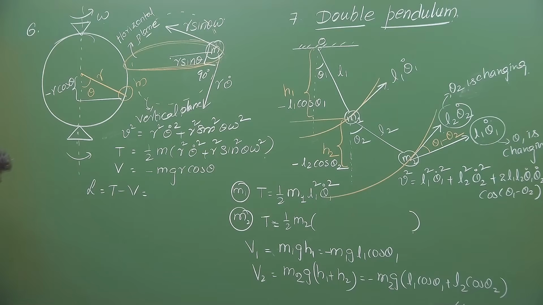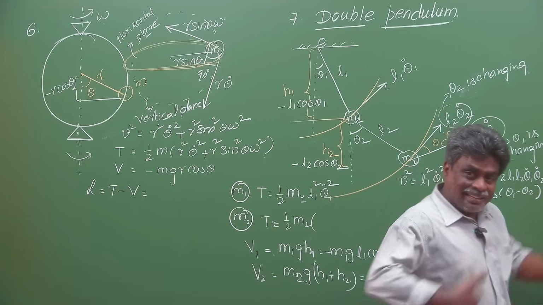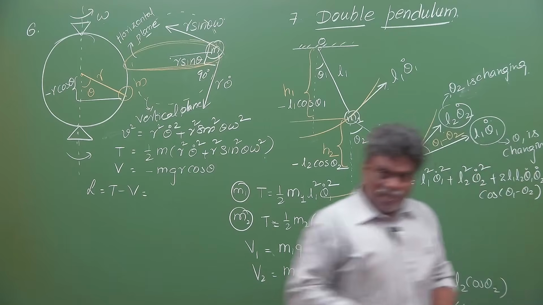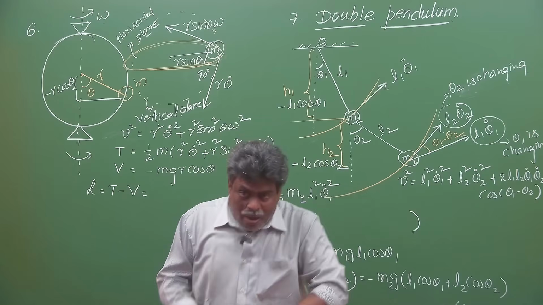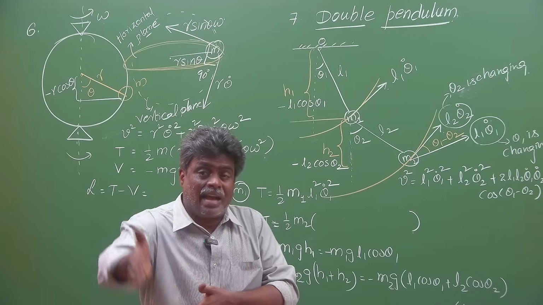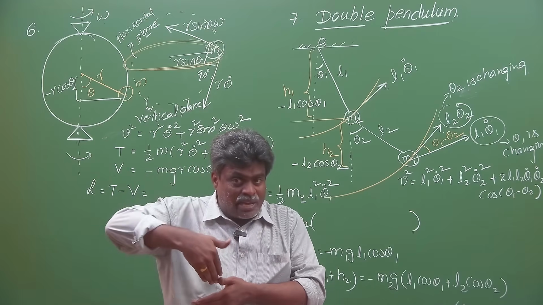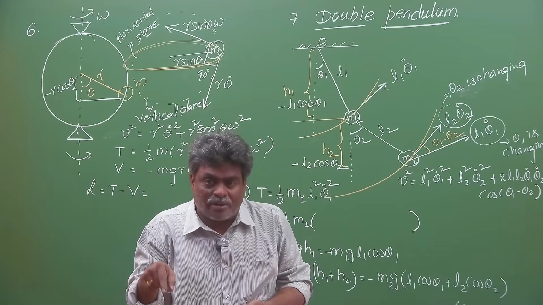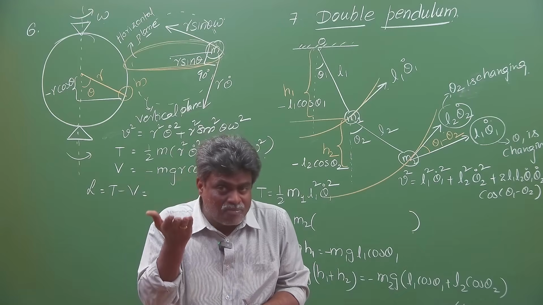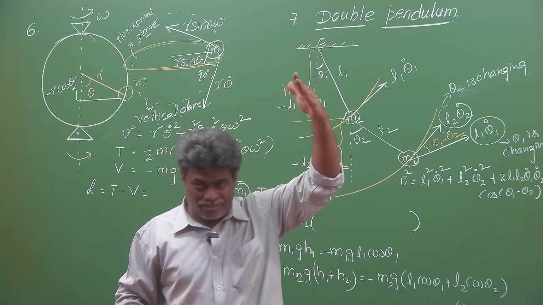See, if I write x dot, what is the meaning of x dot? I am moving along x, x is changing. If I write y dot, what is the meaning of that? Y is changing, that means the displacement is changing in the increasing direction of y. If it is decreasing, in the opposite direction, what do we write? We will write minus y dot. I have written plus y dot. What is the meaning of plus y dot? Positive y direction, increasing direction. Got it?